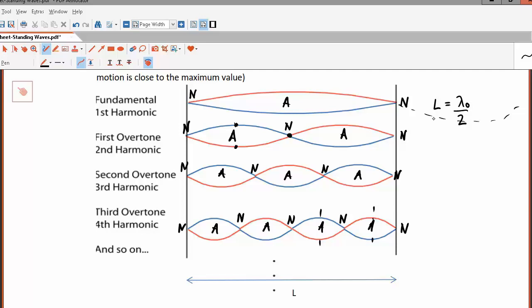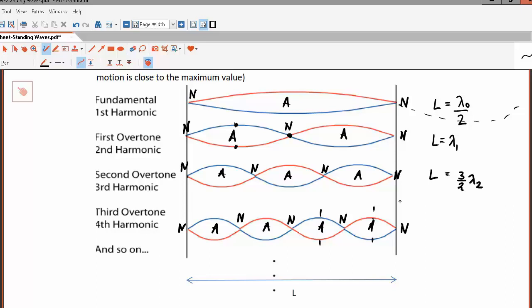For the first overtone, this length represents the wavelength of the first overtone. The length of the string in this case is equal to 3/2 wavelengths of the second overtone.